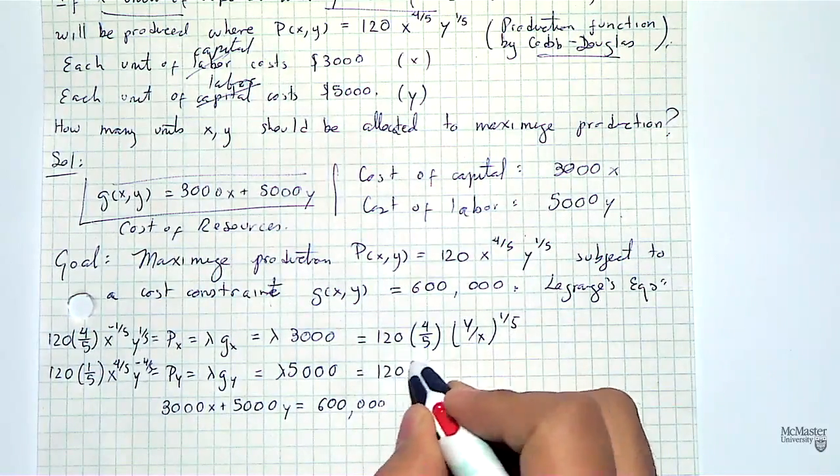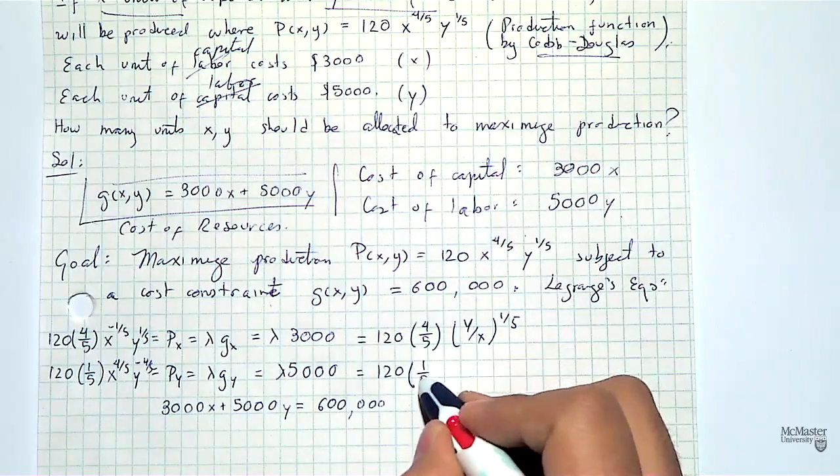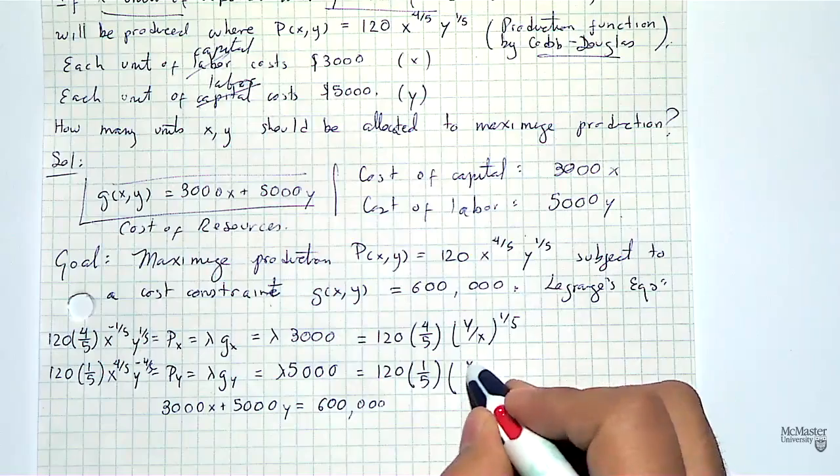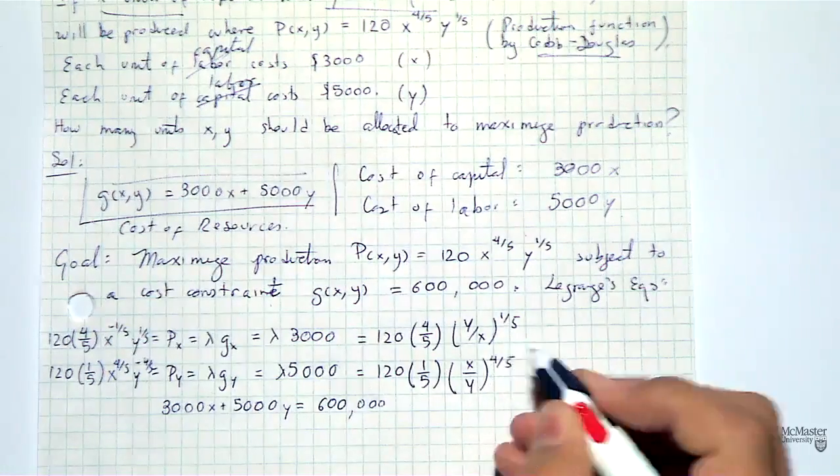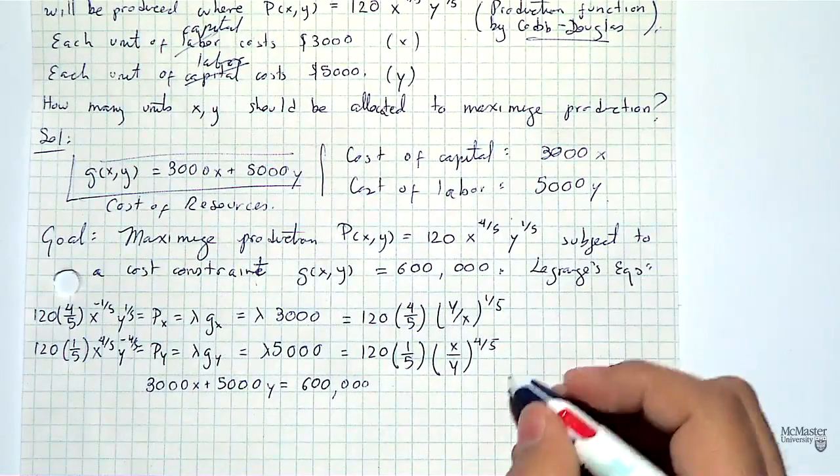This would be 120 to the 1/5, and then I have x over y to the 4/5, just by putting this in a nice shape.